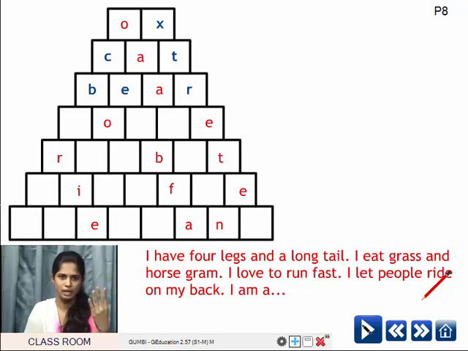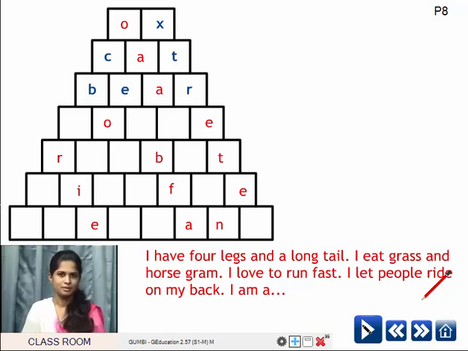Shall we move on further? Okay. Next clue is, I have 4 legs and a long tail. I eat grass and horse gram. I can run fast. I let people ride on my back. I am a... What is it?